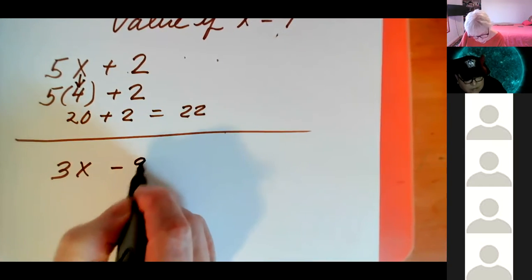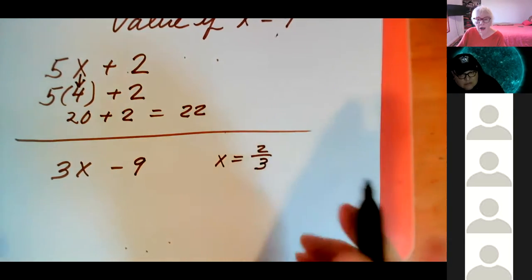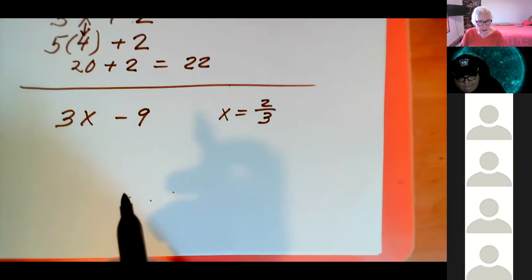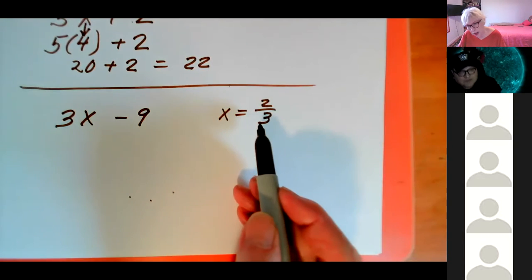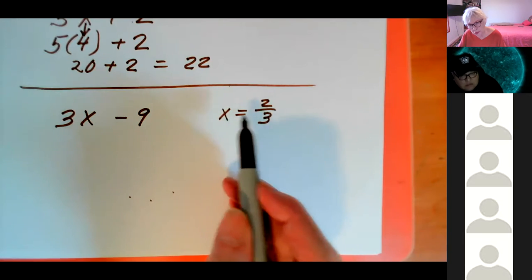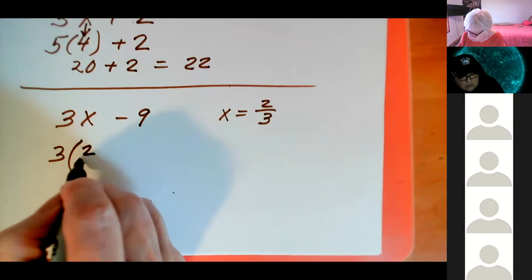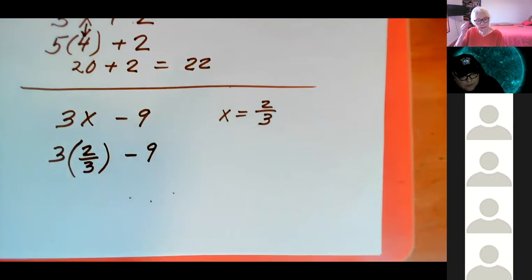3x minus 9, but now x is 2/3. We're not afraid of fractions. Sometimes they work out just fine. So when I get to the x, I'm going to drop in this number. This is its replacement. So this is 3 parentheses 2/3 subtract 9.